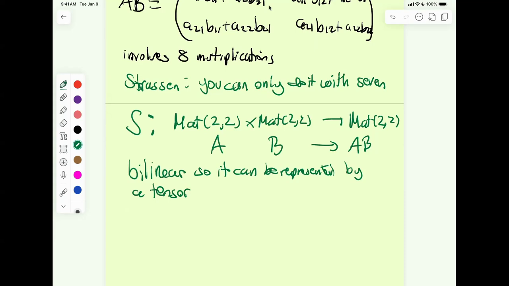But the only thing I want to say about this one is that it has rank 7. The important thing is that it has rank 7, and that's related to the fact that the number of multiplications actually needed to do the matrix product is 7. The reason I'm mentioning this is that, hopefully, it shows that tensor rank is a good proxy for the complexity of the map in some way.